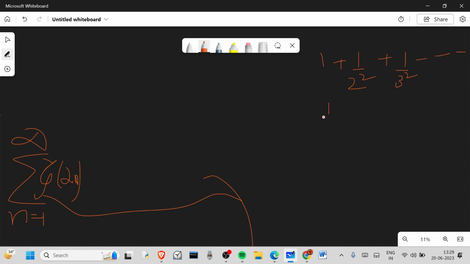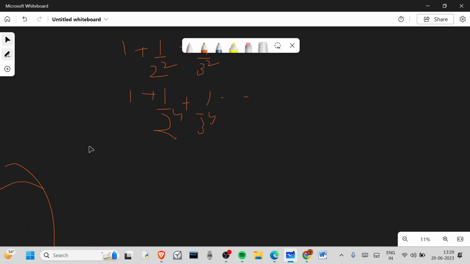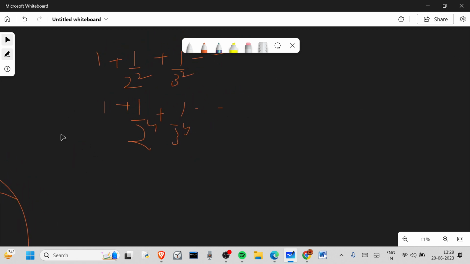Oh, it's not very easy. Precisely 1 by 2 to the 4 plus 1 by 3 to the 4 dot dot dot, and we have to find the sum of all these terms, which would form a grid infinitely here and here and here, and it's convergent, of course. How can I prove that it's convergent?